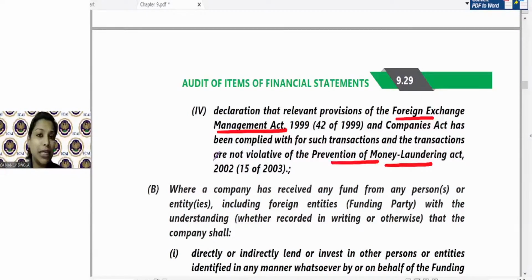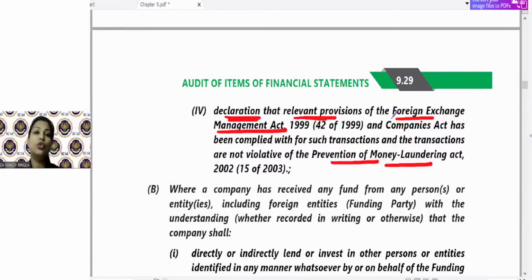So the company A Limited is going to give a declaration that the relevant provisions of Foreign Exchange Management Act, why FEMA is applicable, because it is mentioned that intermediary can be foreign entity also, है ना? So when the funds are transferred from one country to other, the provisions of Foreign Exchange Management Act 1999 are to be complied with.